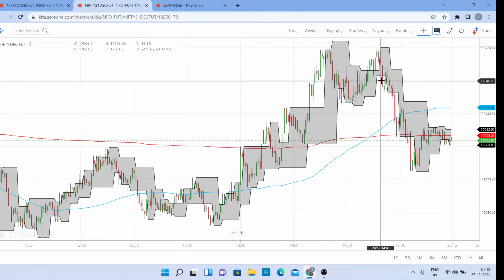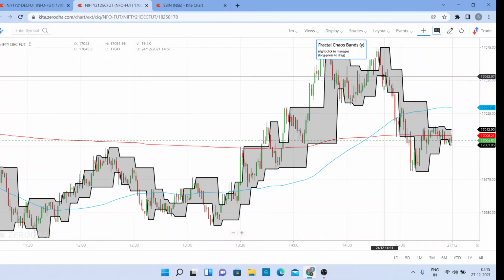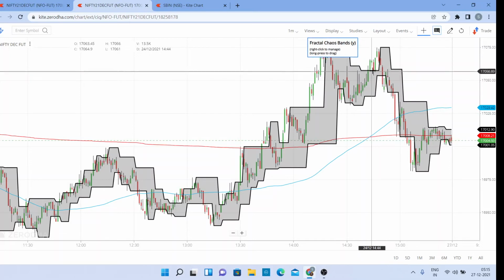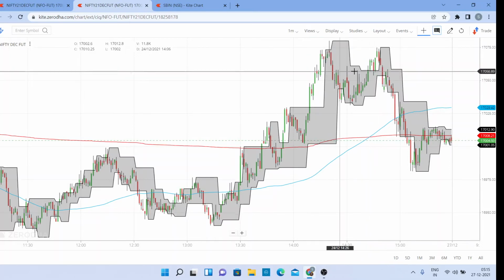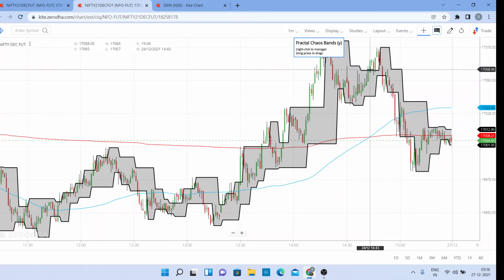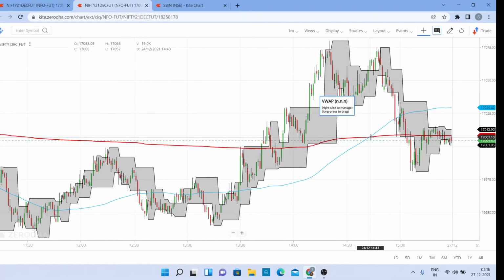Same here. Will I enter a short trade here? No. Will I go for a buy here? Not really, because if you look at the gap, my entry would be around 17,050, while my stop loss is again 17,000, around 50 points.